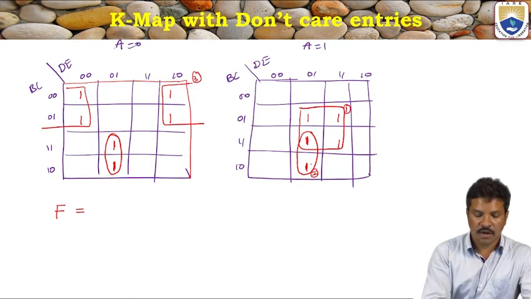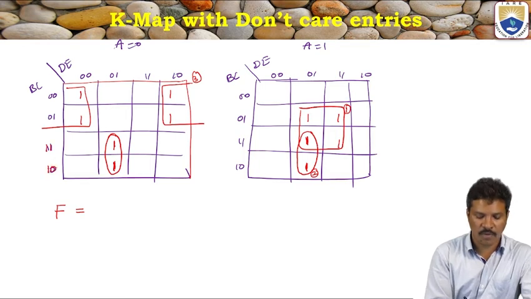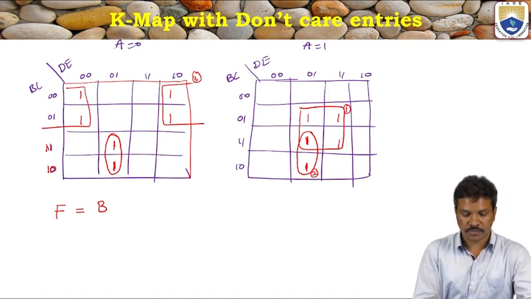So here horizontally, what are the common variables in BC? B 11 and 10. 11, 10, which is the common variable, 1 is the common value, nothing but B. So here it is B horizontally, and vertically, what is the vertical?